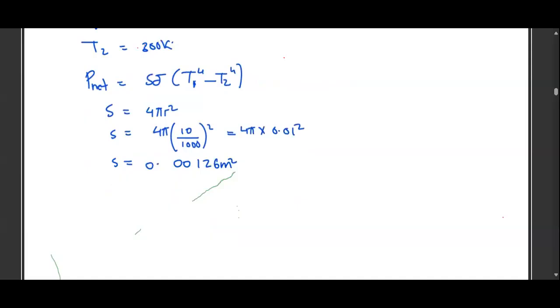Now we can get P net, which is going to be the power that will be lost by the copper sphere. So our P net is going to equal S, the surface area, which is 0.00126, times sigma, that is Stefan's constant, which is 5.67 times 10 power negative 8, into 500 power 4 minus 300 power 4, to get how much heat is going to be lost per second by the copper sphere.